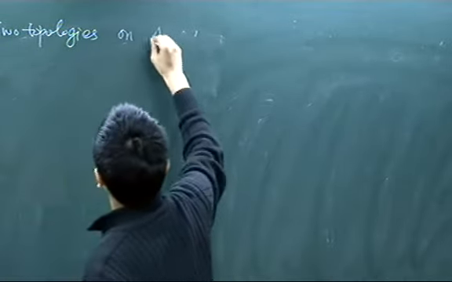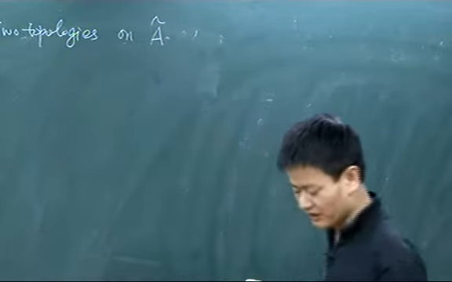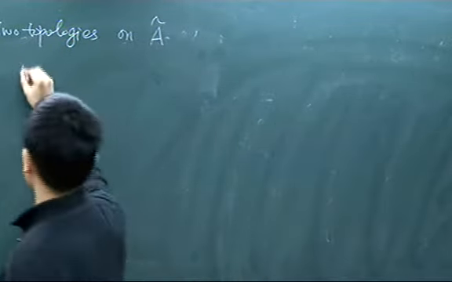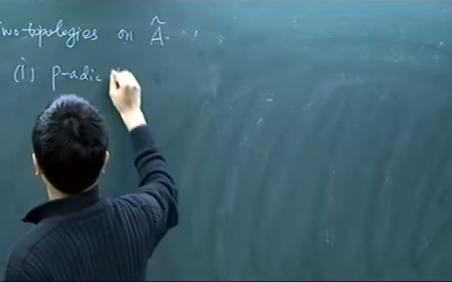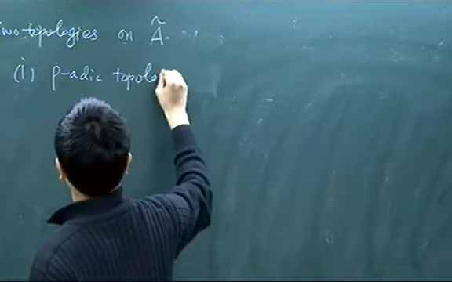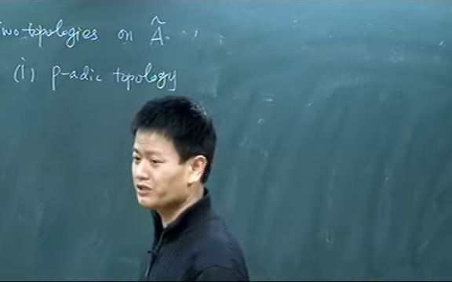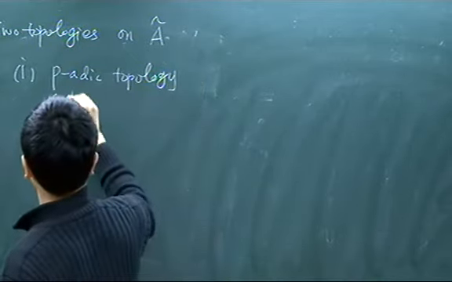For here, two topologies, on A tilde and again also on B tilde. So one is called the p-adic topology, or you can also say the strong topology.